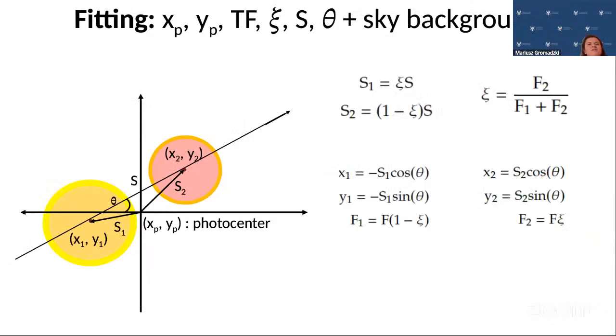So this is pretty much the method that he used, which is not that complicated actually. We calculate everything from the photocenter of the two stars, and then we fit the total flux, the flux ratio, the separation between the two stars, and their orientation. And I also added the sky background as a fitting parameter.